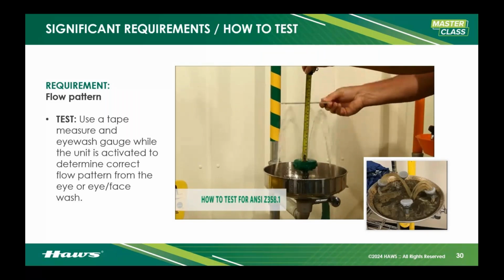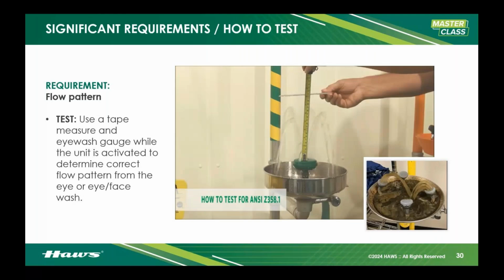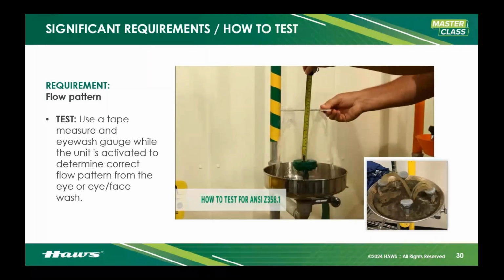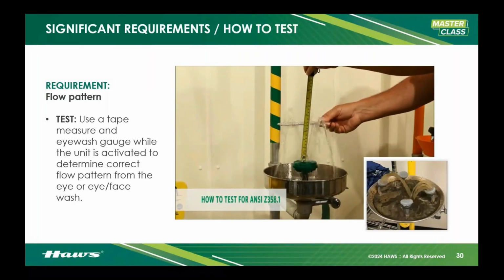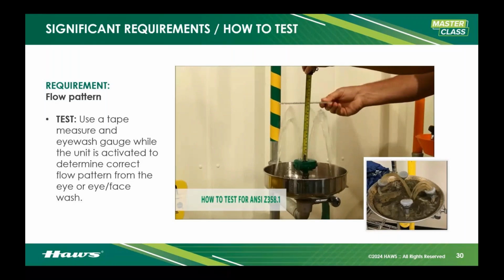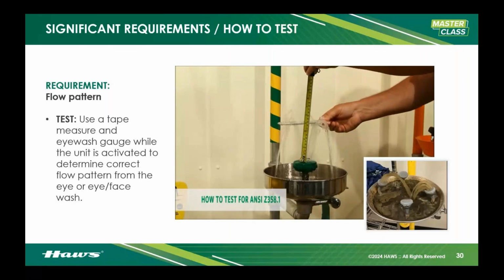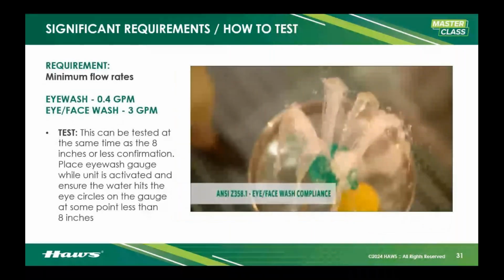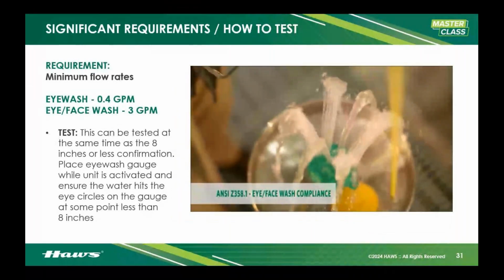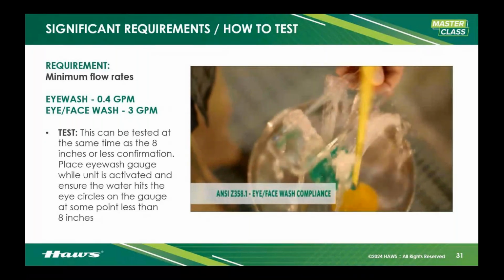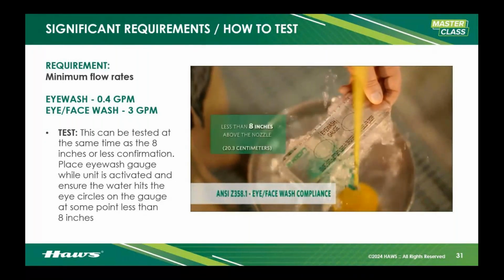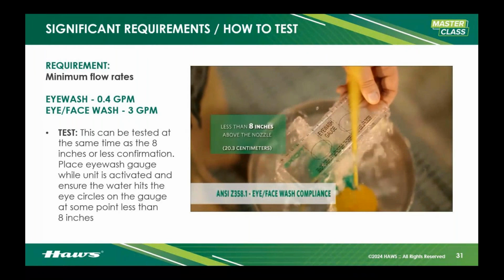Let me give you an overhead view here too so you can see what's happening. The way we use the gauge is we measure 8 inches above the heads of the device, place the gauge there, and then slowly lower that gauge. As long as the gauge aligns with the eye wash streams, so that the eye circles align with the eye wash sprays, then we know it is usable and is going to hit you directly in the eyes.